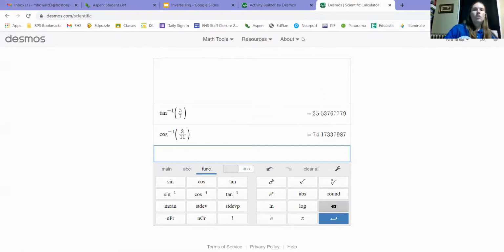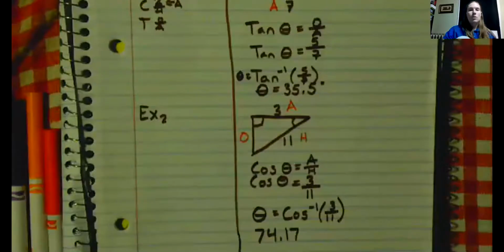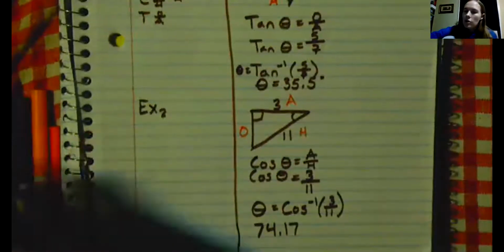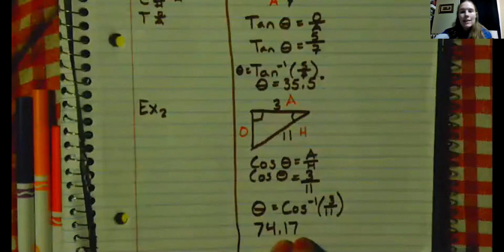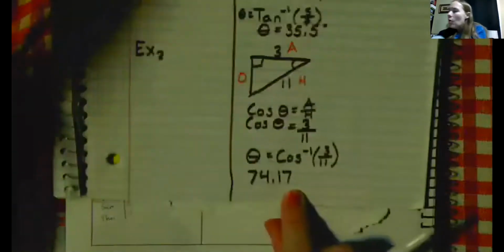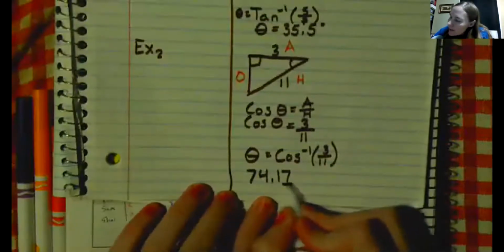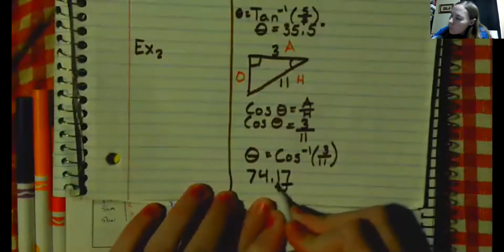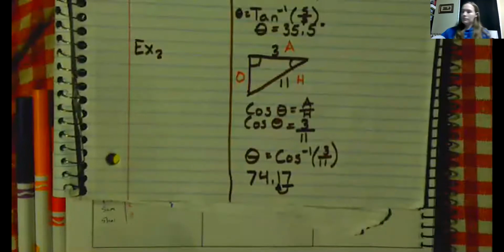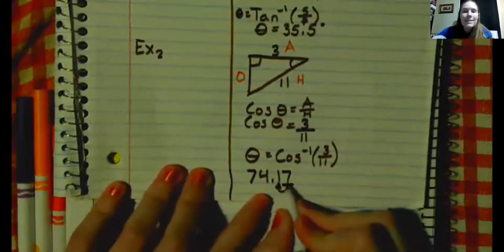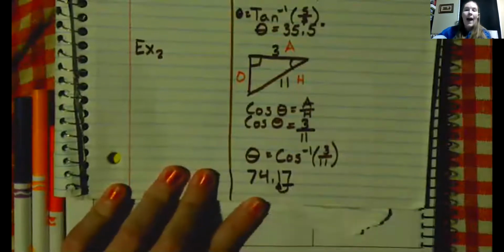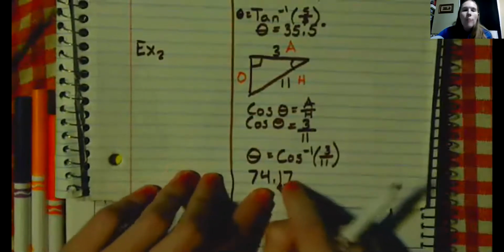So in this case, I have 74.17. When we're working with decimals and degrees, we want to make sure we're rounding to 1 decimal place. Right now, this has 2 decimal places. We want to look at this second number because it's going to tell us what we're going to do with that 1. Because 7 is bigger than 5, we're going to round up.